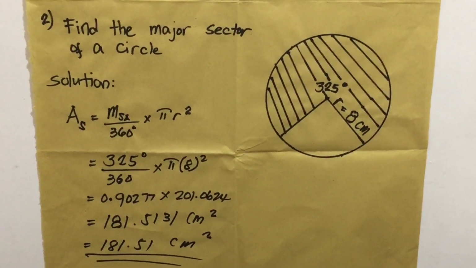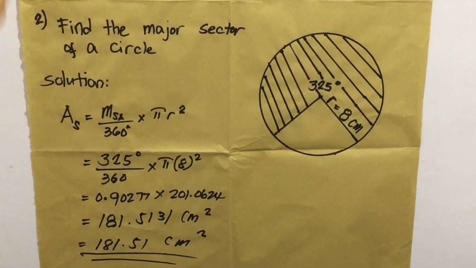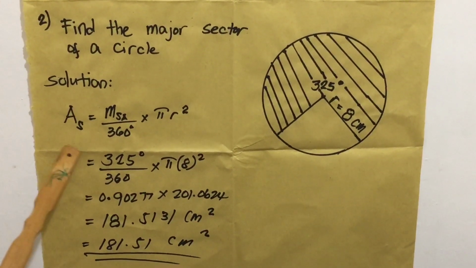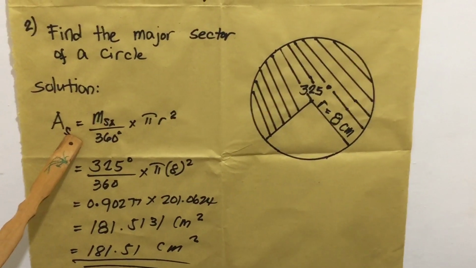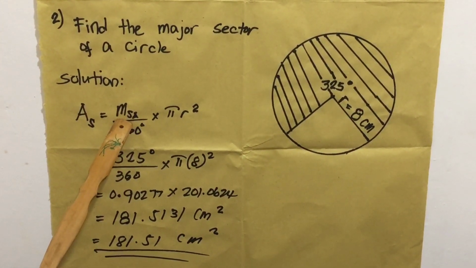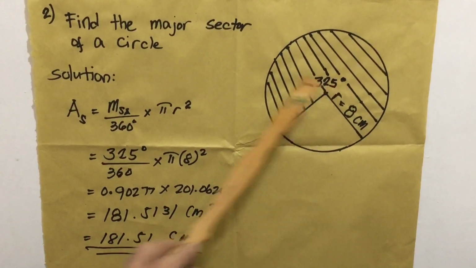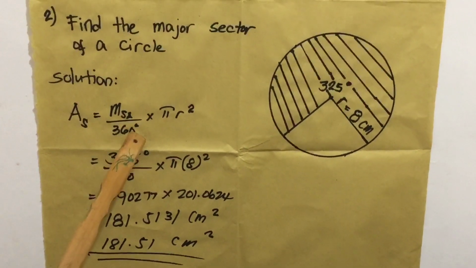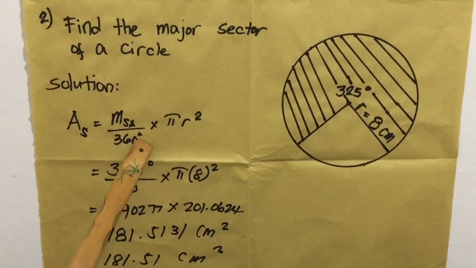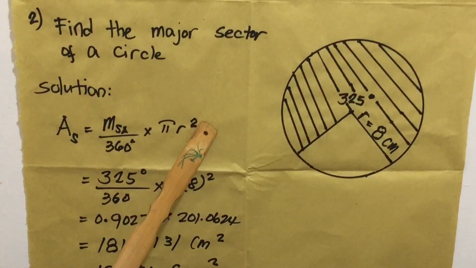Upon determining the given, we're going to use again the same formula. Number 1, area of a sector is equal to the measure of subtended angle over 360 degrees times pi r squared.